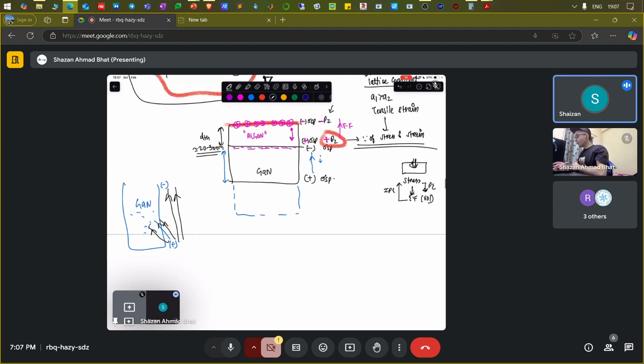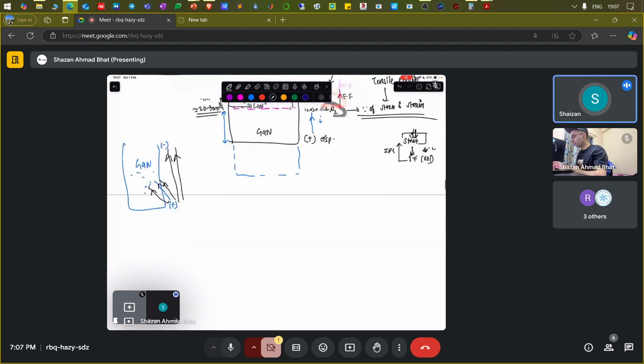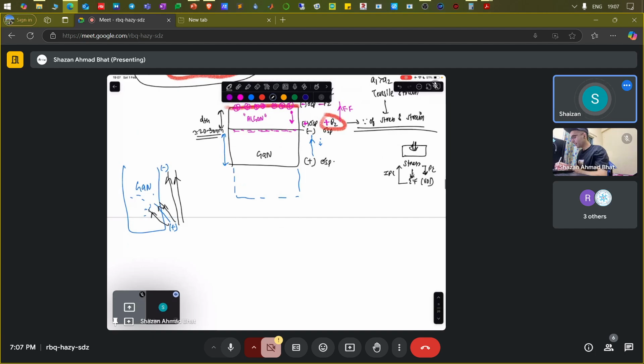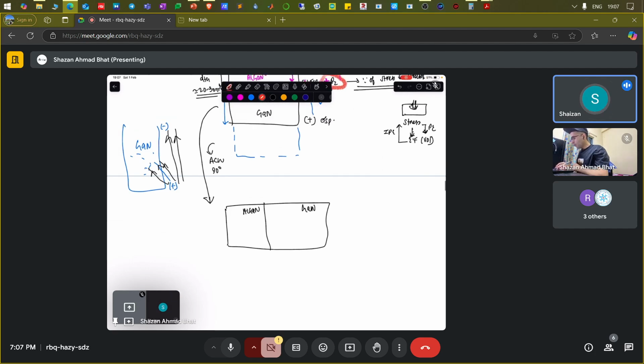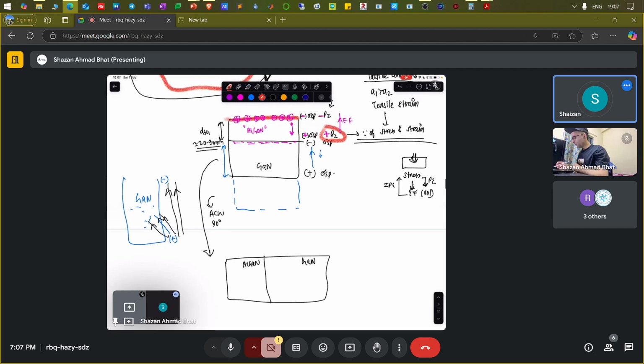Okay, so now how do you draw the energy band diagram of it? You do one thing. You take this device and rotate it anti-clockwise by 90 degrees. That means you have AlGaN here, you have GaN here, and you have to consider the charges as they are.